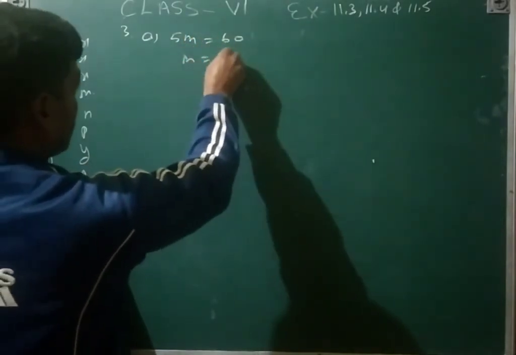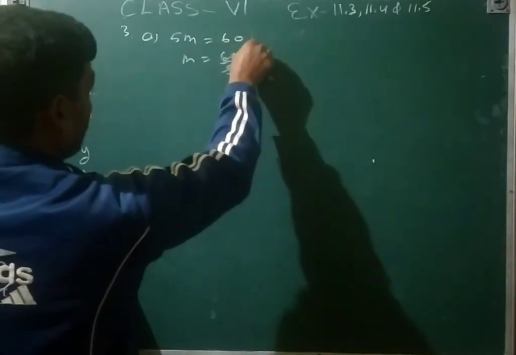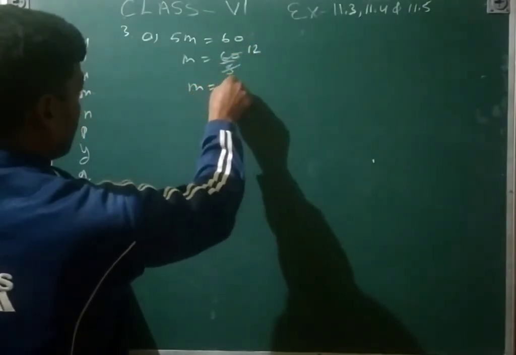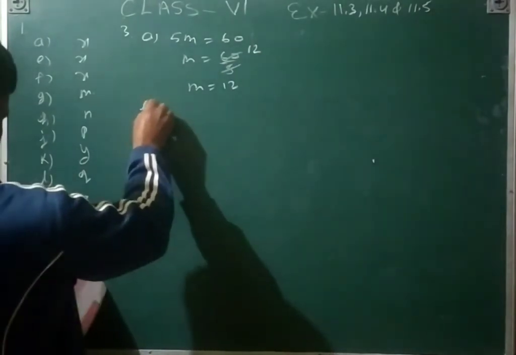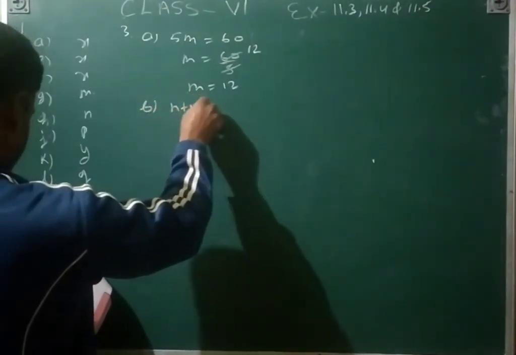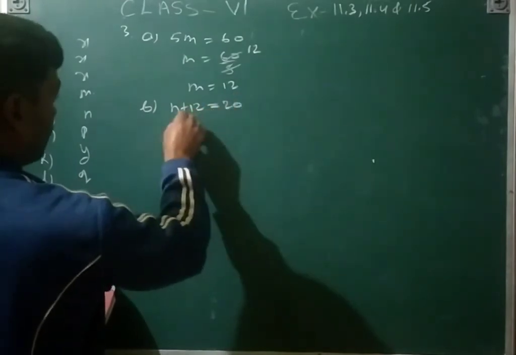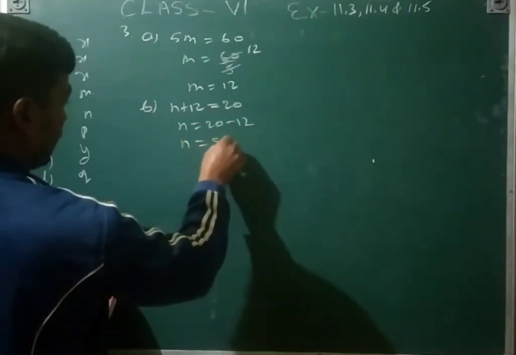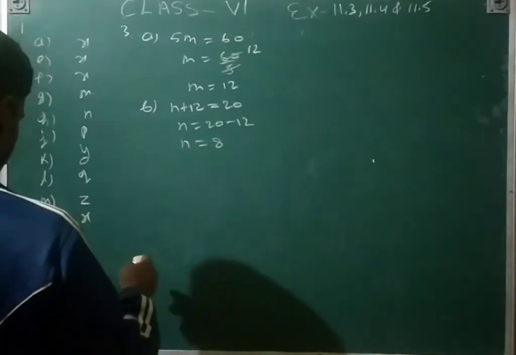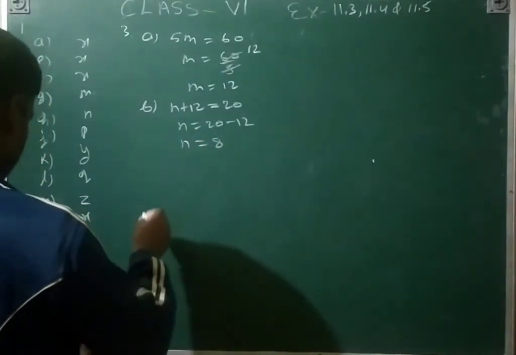So m is equal to 60 upon 5, 5 twelves are 60. So m is equal to 12. So that is the answer 12. B part is n plus 12 is equal to 20. So n is equal to 20 minus 12, that is 8. So n value is here 8.